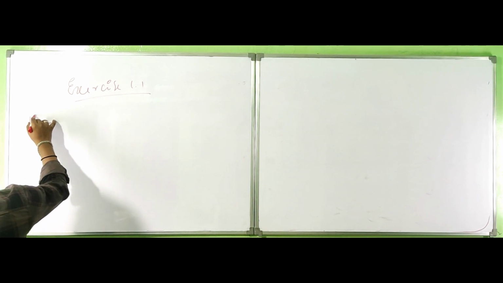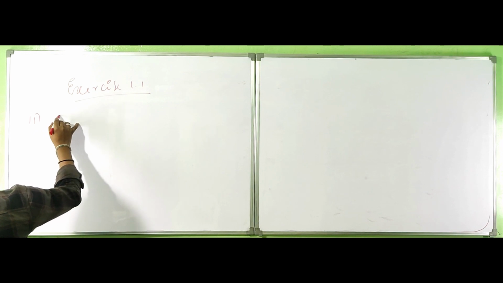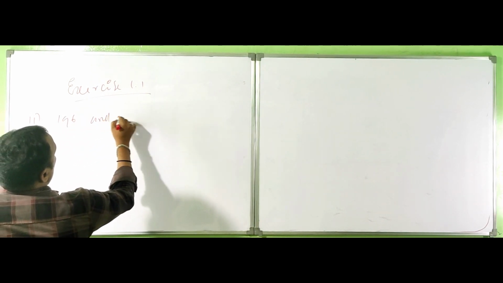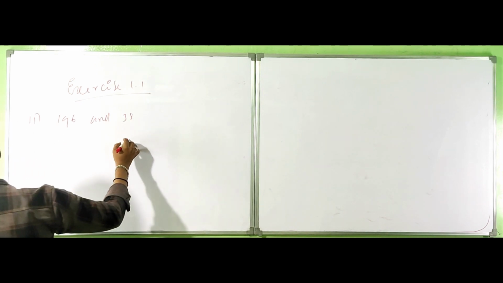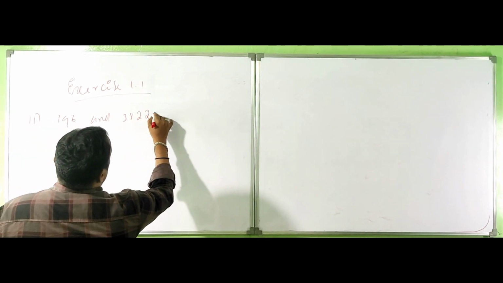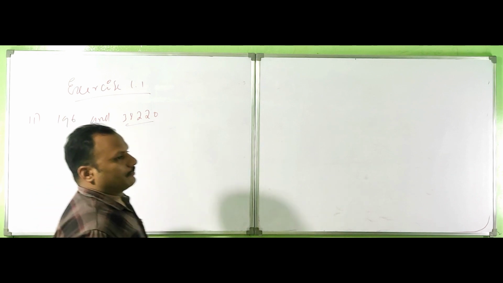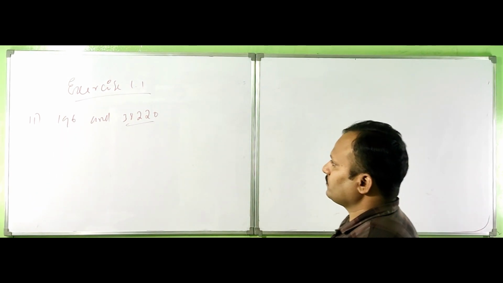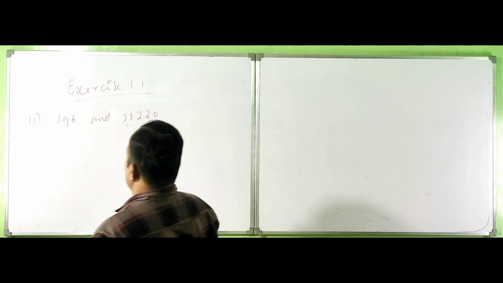I will take 196 and 38220. The bigger one I take, right? So again here, what is our formula?